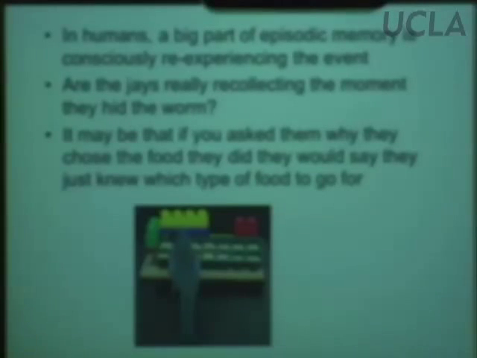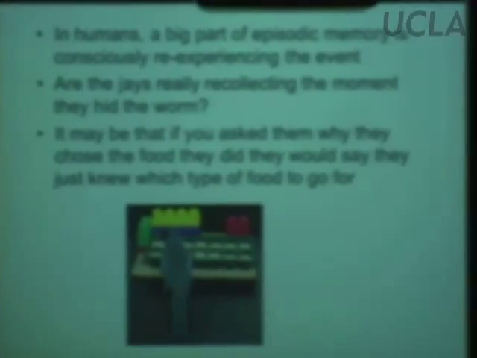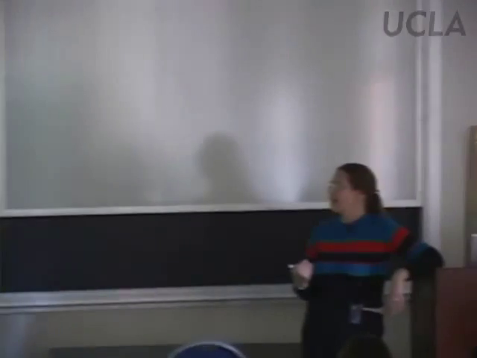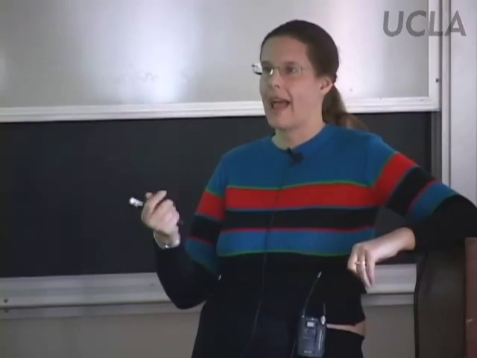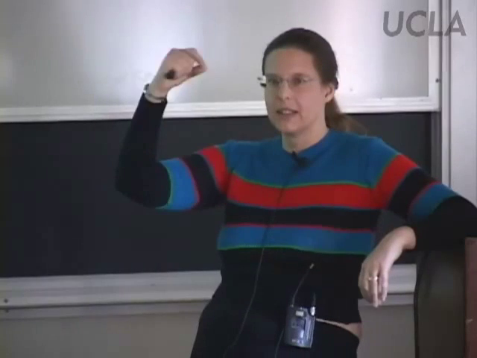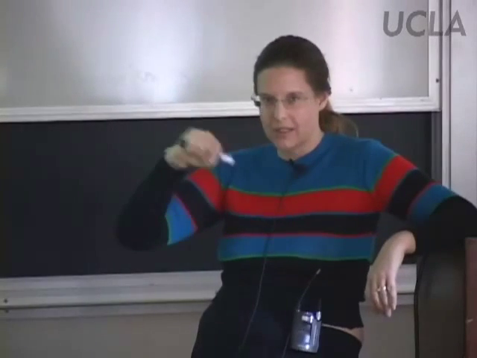However, there is some controversy about that, because we can't ask them, and it's not completely clear if the jays are really recollecting the moment they hid the worm. I just said that they are kind of consciously reliving that event, but others would argue that if you could actually ask the jays what they're doing, they may not have that time travel reliving aspect of the event.